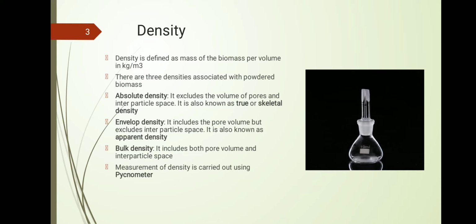With that we can determine the density. So it works on the basis of Archimedes principle. You can refer for further details. So this is the instrument pycnometer used for measuring the bulk density of biomass.